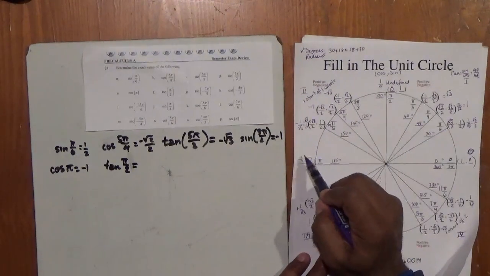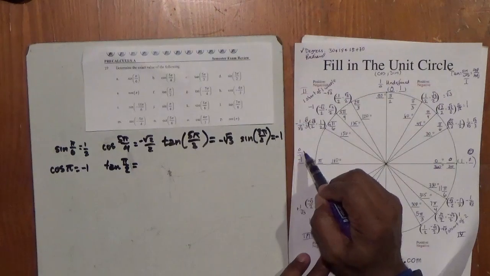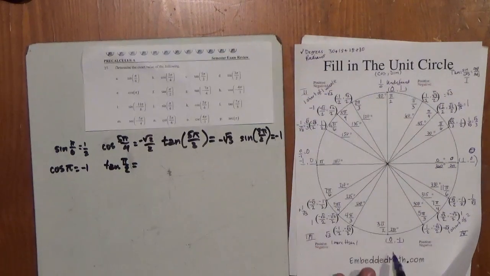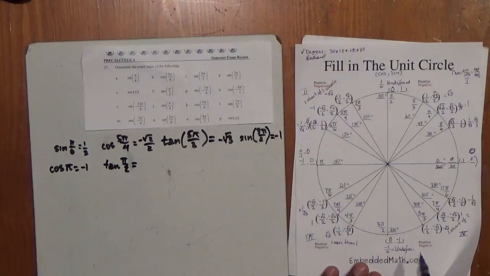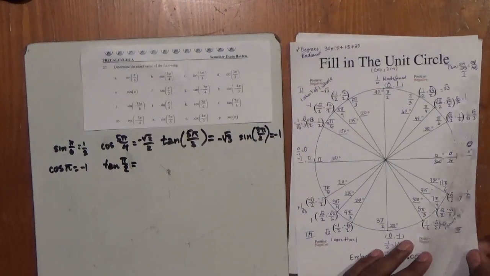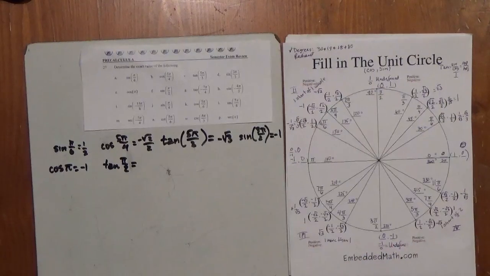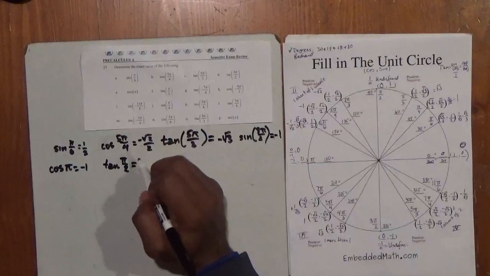Here it is 0 over negative 1, which is 0. And here it is negative 1 over 0, which is also undefined. So, sorry about that. All right, now we got it. So for tangent pi over 2, it is undefined.